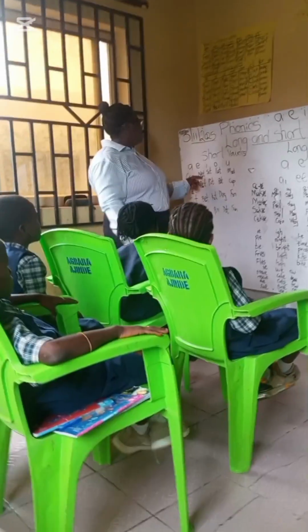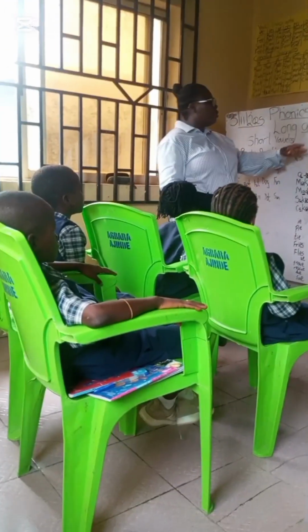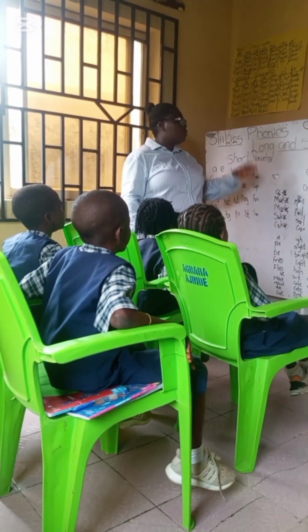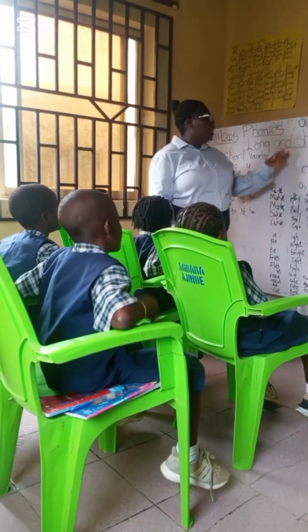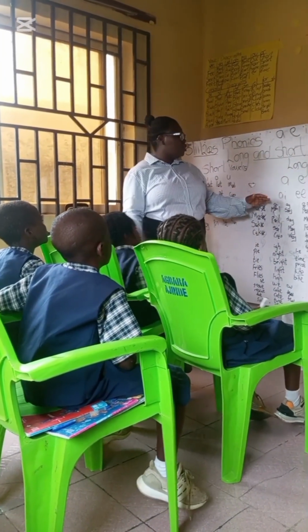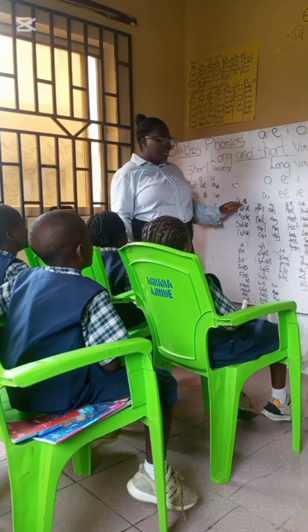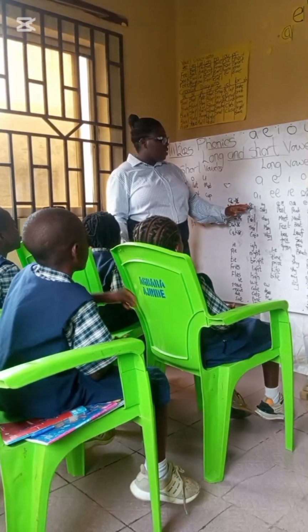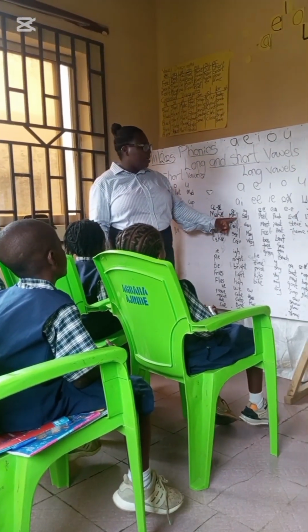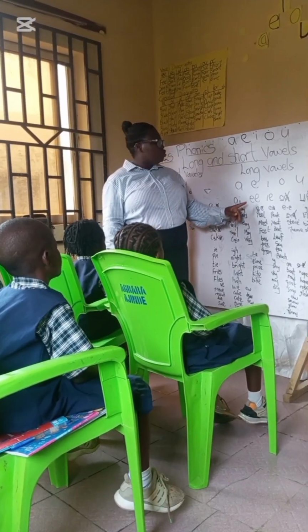Then we have your long vowels. They are going to take the letter name, the vowel name: A, E, I, O, U. And we said your A could be A and E separately, it could be AI, it could be AY, as in male, say.